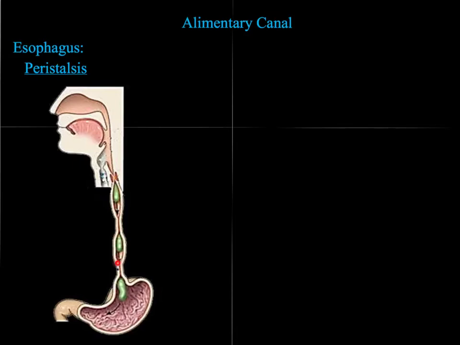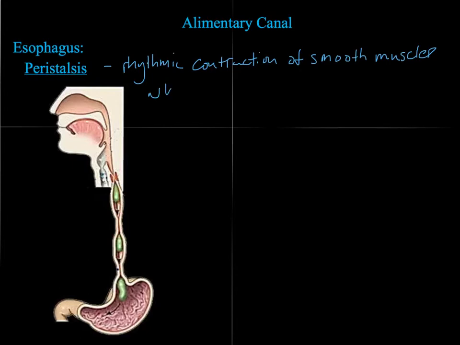So peristalsis is the rhythmic contraction of smooth muscles which causes food to move down the esophagus.